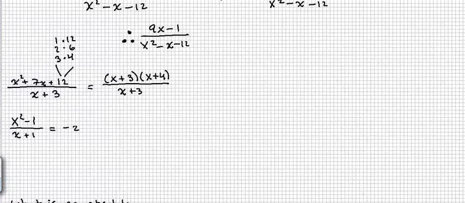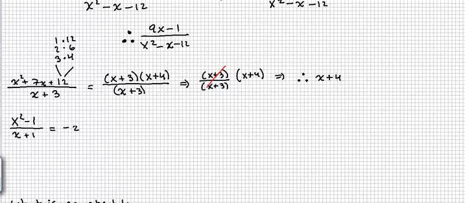Well, we know that x plus 3 and x plus 3 are the same thing, and we can write our equation like x plus 3 over x plus 3 times x plus 4. Well, x plus 3 over x plus 3, that's just 1. So this will be multiplied, and our answer here is x plus 4.